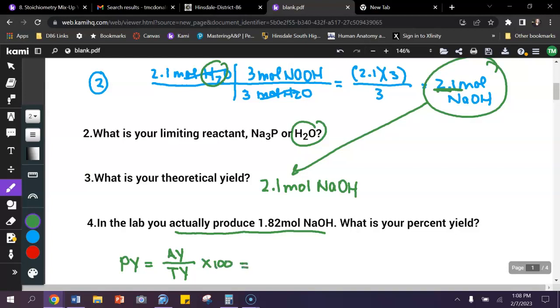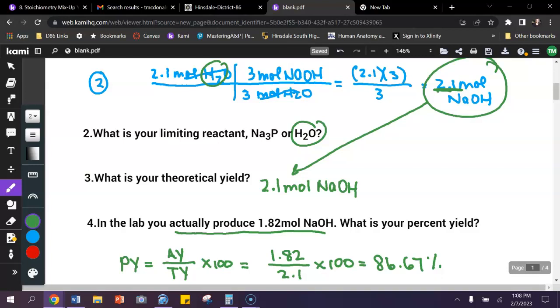And when I do that, I get 1.82 divided by 2.1. Multiply that quotient by 100, and my answer is 86.67%. And that is my percent yield.